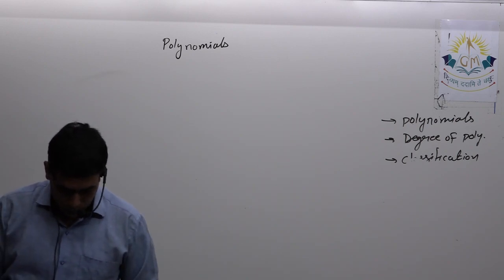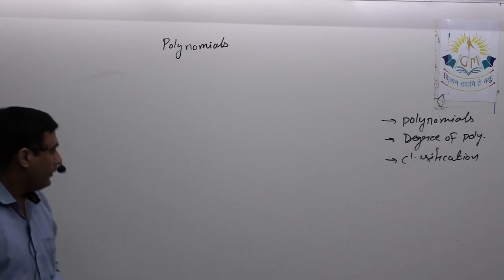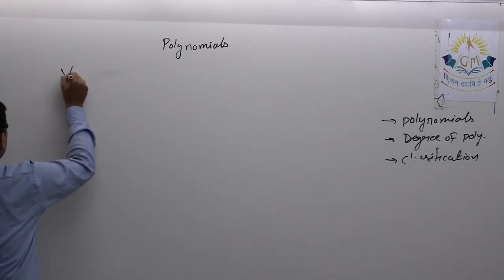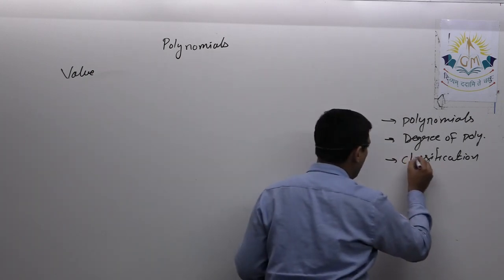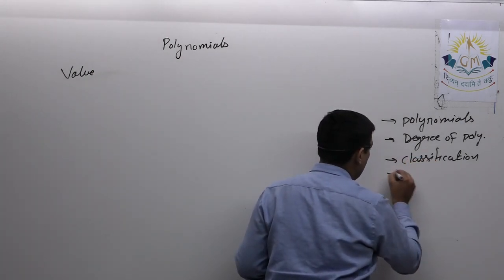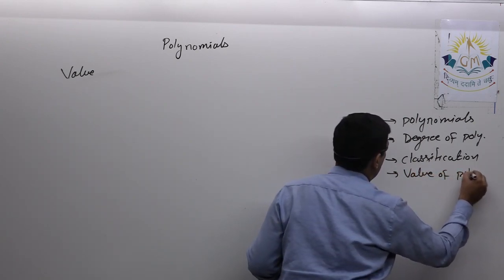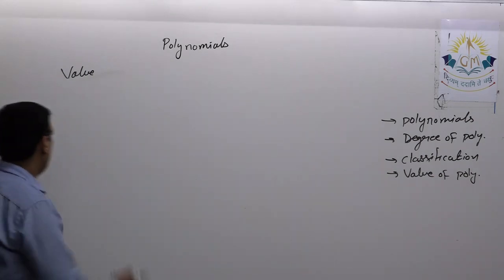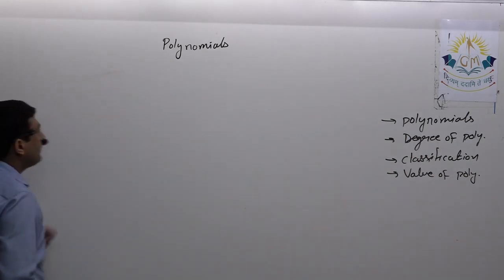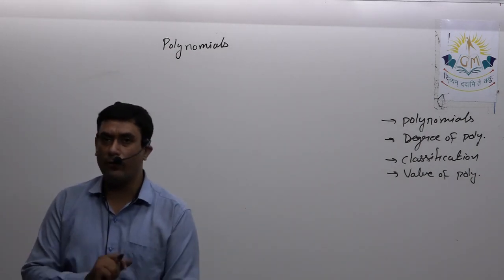Or before I move to the zero of polynomial, we'll see the value of polynomial. Now what is the meaning of value of polynomial? The value of a polynomial is the value obtained by replacing the variable by a constant.